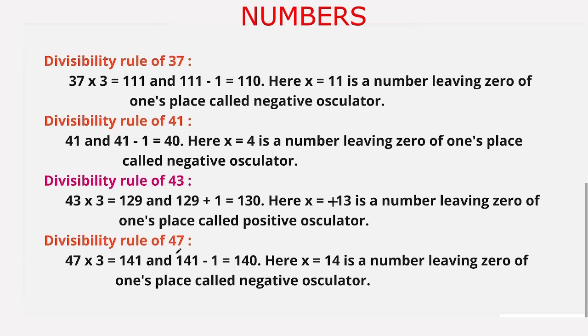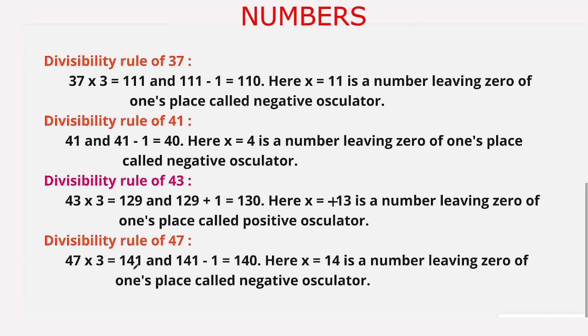Divisibility rule of 47. We had to find a multiple of 47 which ends with 1 or 9, and 47 multiplied by 3 is 141. That number is ending with 1.